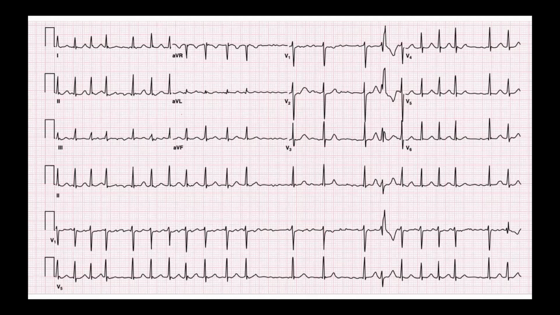Lead 3. Where is the delta wave? The fourth QRS complex is preceded by a short PR, yes. Lead 2, sorry, lead 2 rhythm strip, in the fourth QRS complex from the start. There is also an ectopic beat.